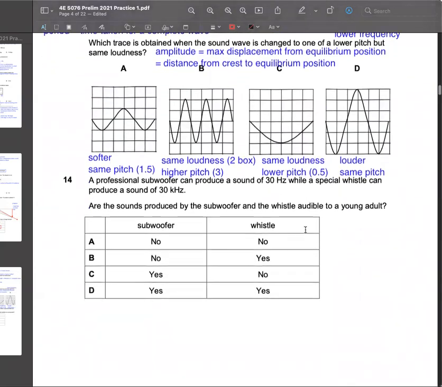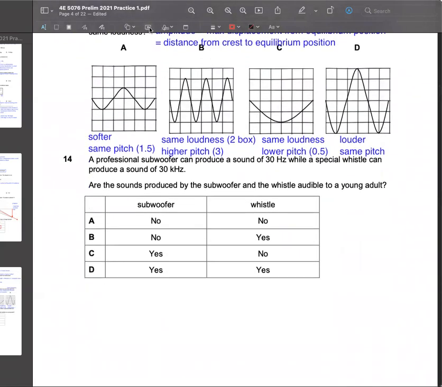All right, 14. What is hertz? Hertz is the unit for frequency. All right, what is the audible range? 20 hertz to 20,000 hertz. What is sound below 20 hertz?